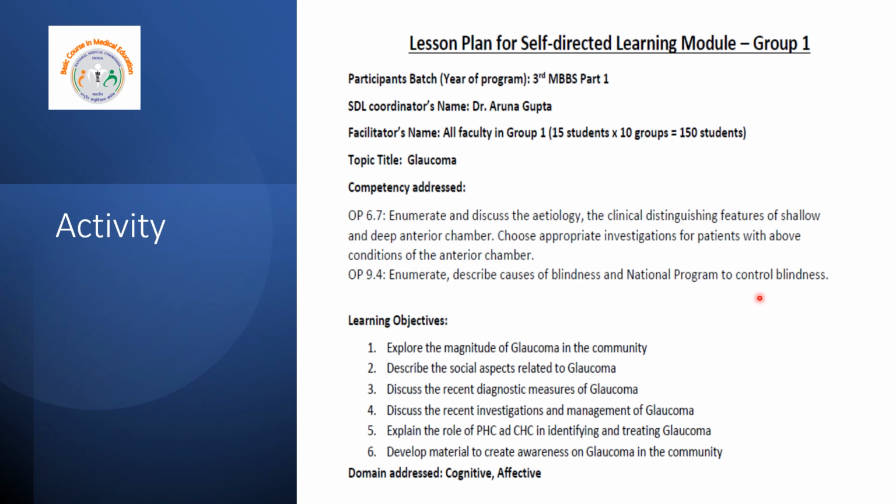They have divided this competency into learning objectives, and the domains addressed are the cognitive and affective domains. The objectives are: explore the magnitude of glaucoma in the community, describe the social aspects, explain the role of PHC and CHC in identifying and treating glaucoma, and develop material to create awareness on glaucoma in the community. These are the learning objectives they have decided.